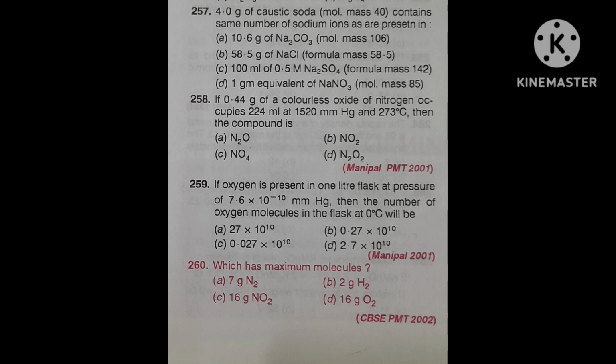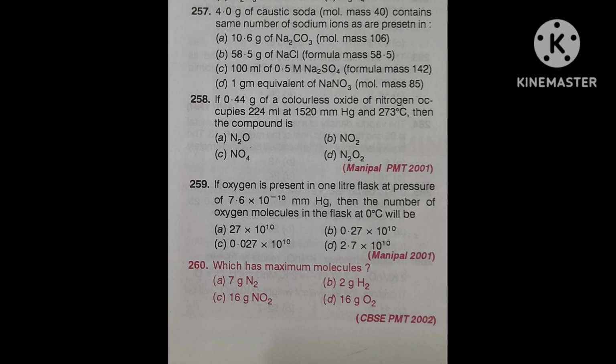Then 100 you can write as 100 by 100. So 10 to the power 8 will become 10 to the power 10, and divided by 100, 2.7 divided by 100, then 0.027 you can write.